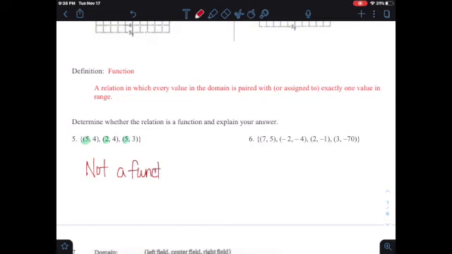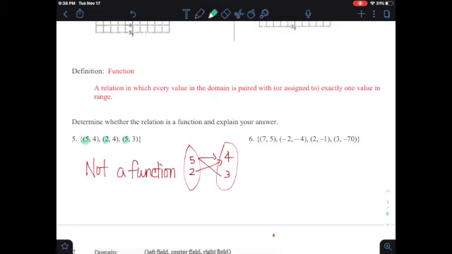Another way to think about this is if I draw the picture like in the bubble, I have 5 match up to 4, and 2 match up to 4, and then 5 match up again to 3.